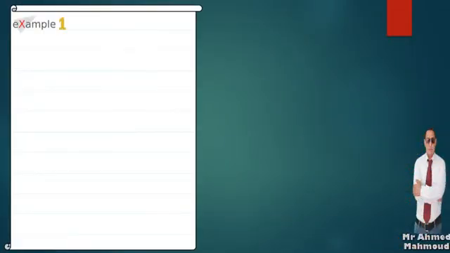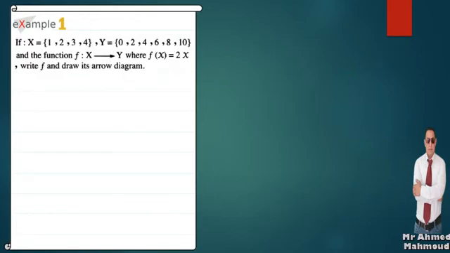Here we have example 1. In this example, x equals 1, 2, 3, and 4, and y equals 0, 2, 4, 6, 8, and 10. The first requirement: here f is a function. When it says function, then it's already a function.